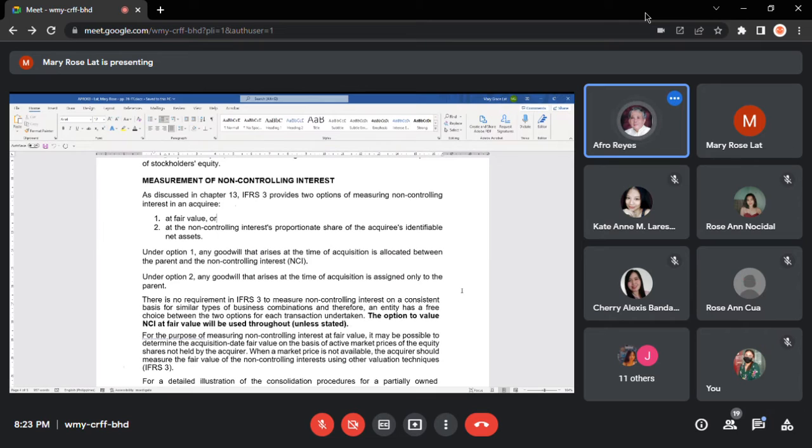Sa date of acquisition consolidation, you have to come up with the consolidated statement of financial position.